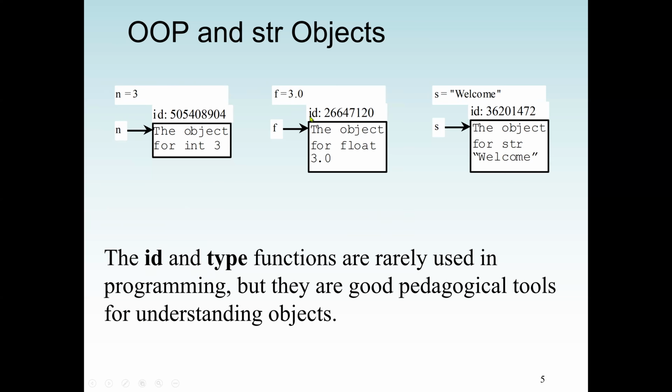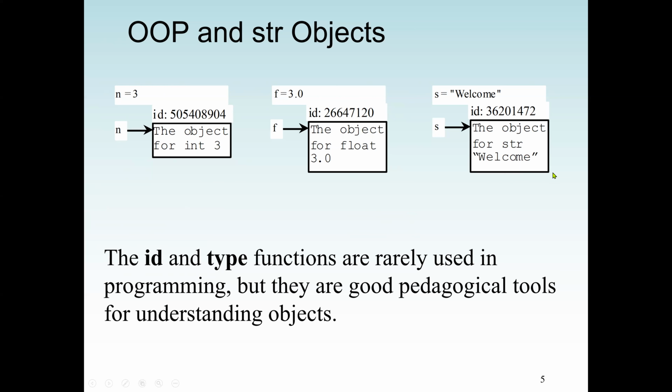So if I use the ID or identity function, it will return a unique number of the object f. Now, if I use the type function, it will return float. And also the string, which is s, we assign welcome, which is a string again. That's why the object for str is welcome, it's a string.